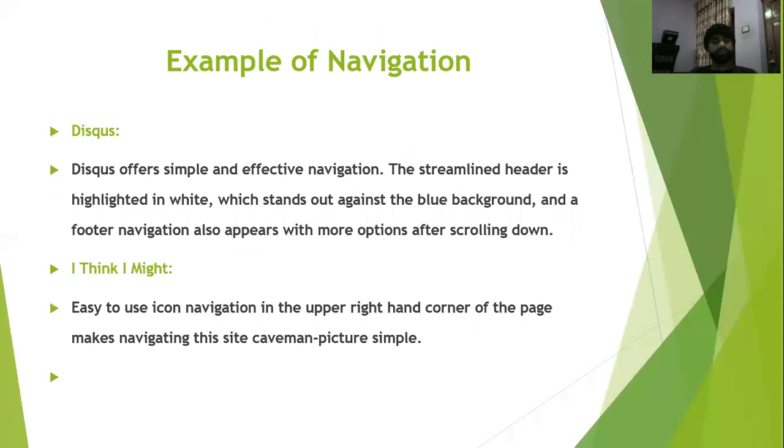A disk offers simple and effective navigation. The streamlined text is highlighted in white, which stands out against the blue background. And a footer navigation also appears with more options after scrolling down.